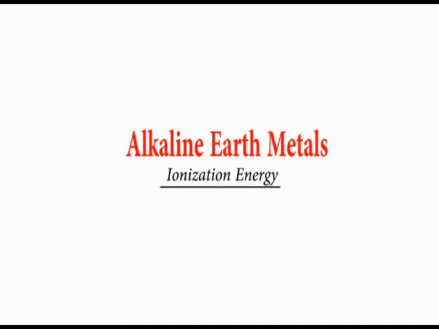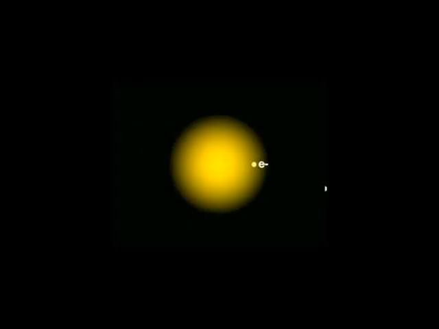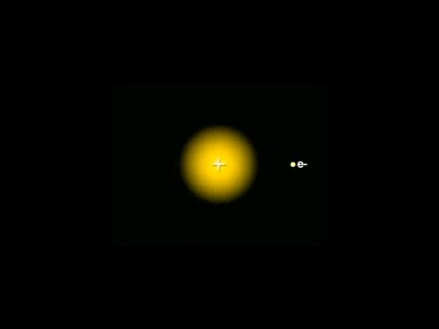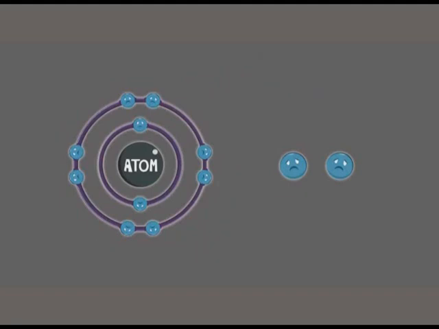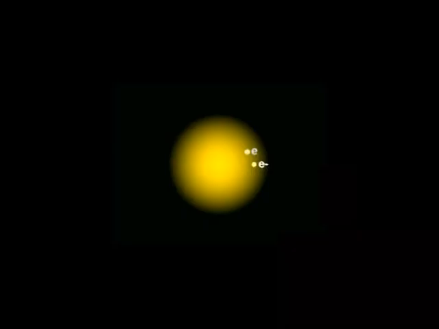Ionization energy. We have said that ionization energy is the energy required to remove an electron from the valence shell. Notice that alkaline earth metals lose 2 electrons. The 2 electrons are however lost in succession and not simultaneously. That is to say, the atoms lose 1 electron at a time.